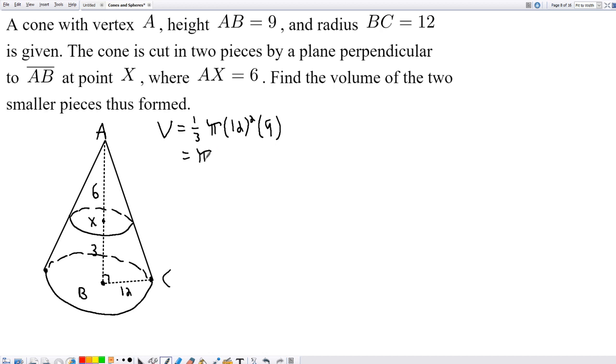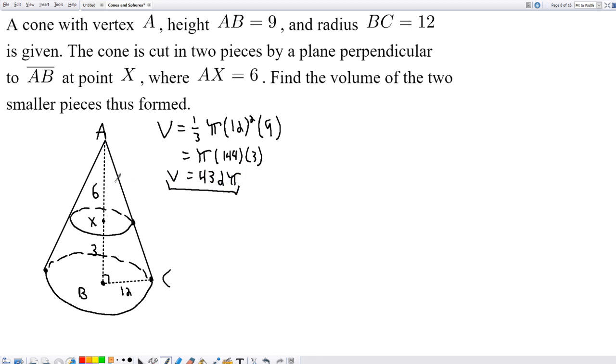So you have pi times 12 squared, which is 144, times 3, which is 432. So we have 432 pi. Now this represents the volume of the entire cone.